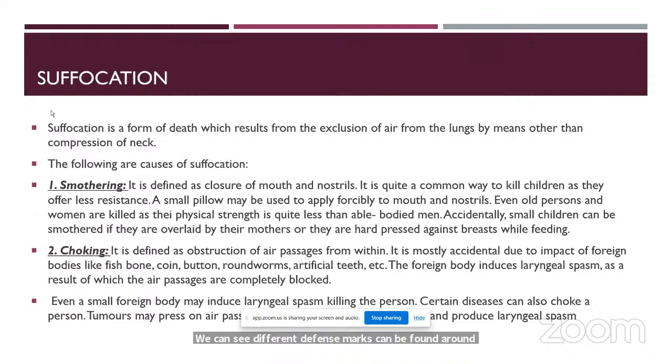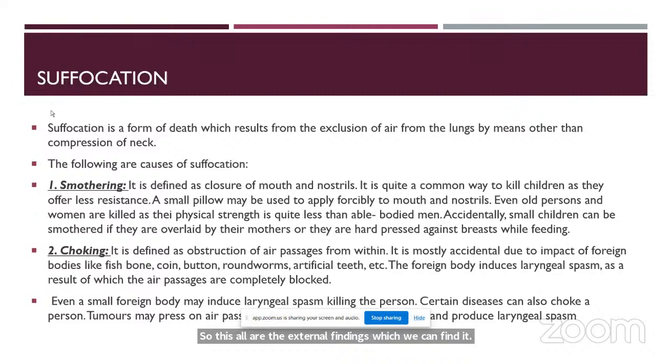Also, certain fractures around the septum of the nose can be seen due to the struggle, and abrasions may be seen on the cheeks or lower jaws. So these are all the external findings which we can find in choking.